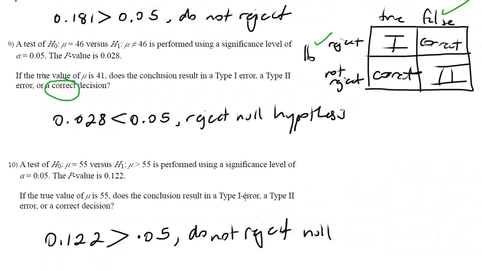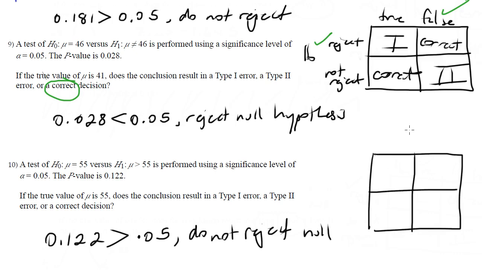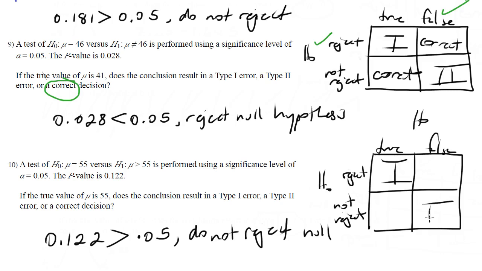Okay, so type 1 error, type 2 error, correct decision.